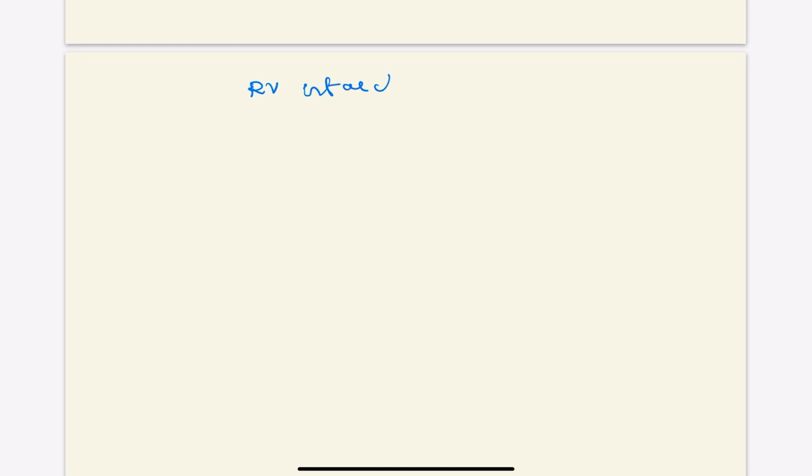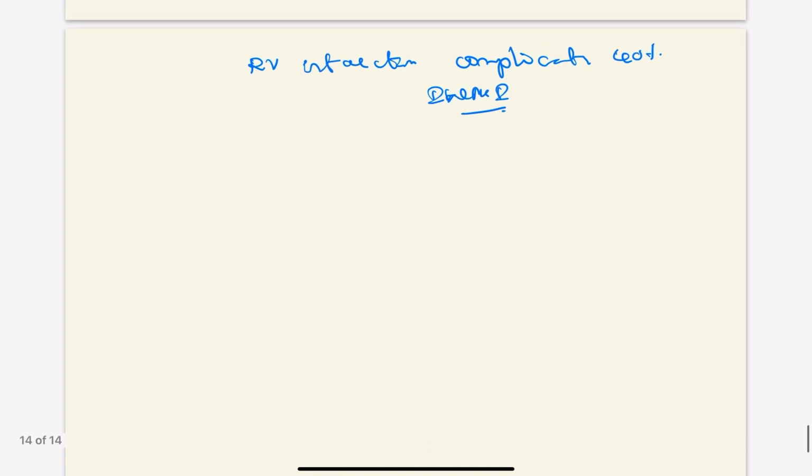A little bit of theory about this ECG, this condition. RV infarction complicates around 40% of inferior wall MI. And when inferior wall MI is associated with RV infarction, the first suggestive feature of right ventricular involvement is ST elevation in V1.